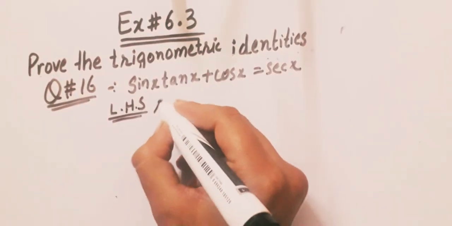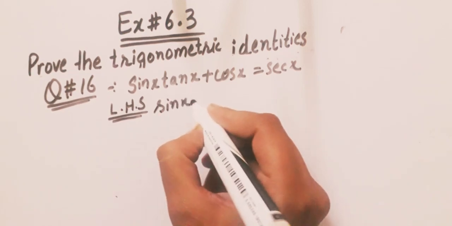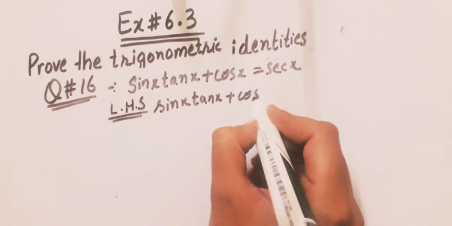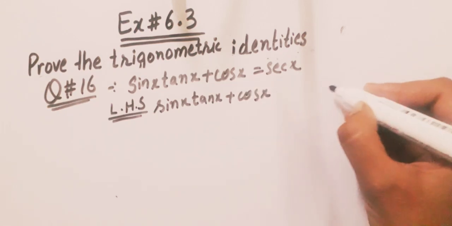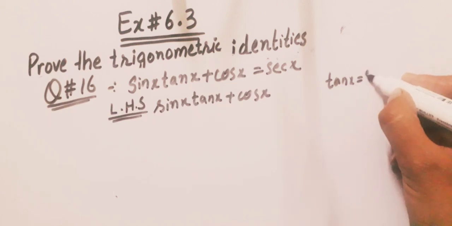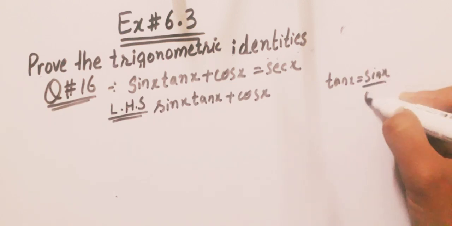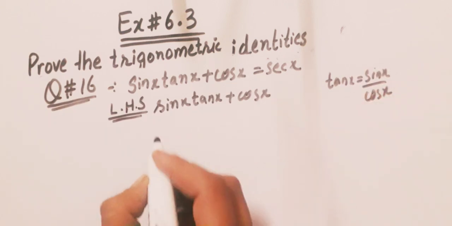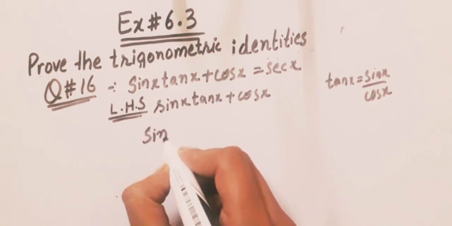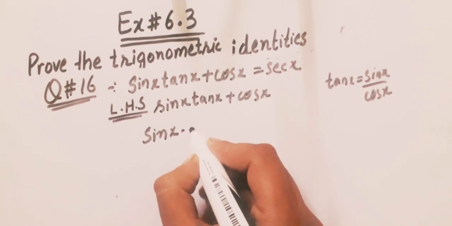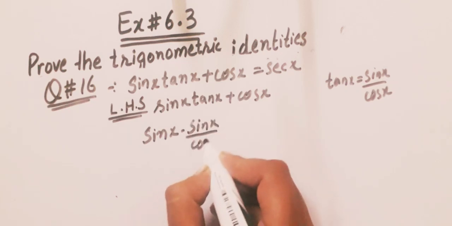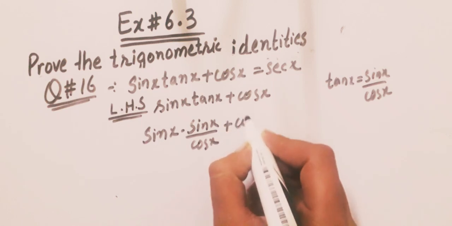Now sin x tan x plus cos x. We know that tan x is equal to sin x by cos x. So we will substitute this: sin x into tan x is equal to sin x by cos x, plus cos x.